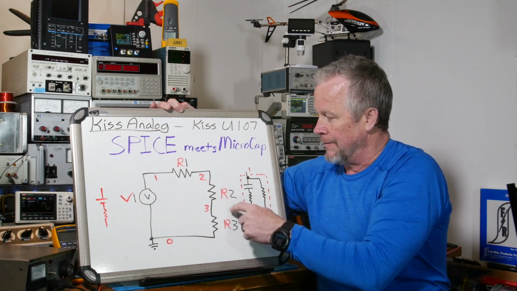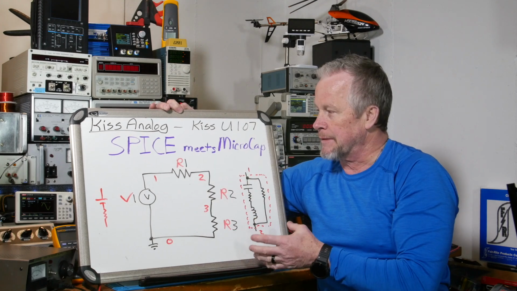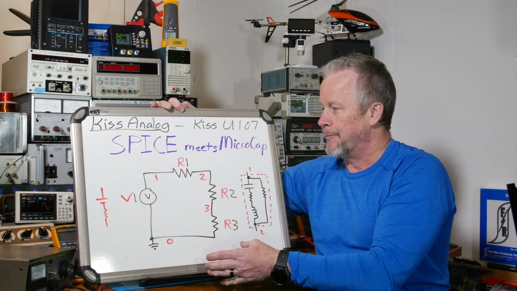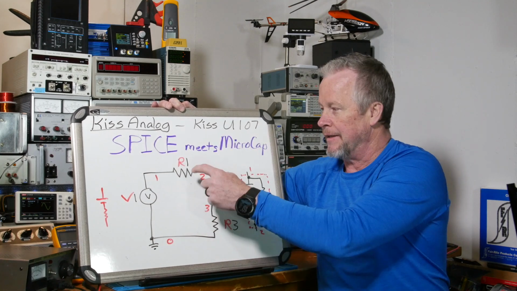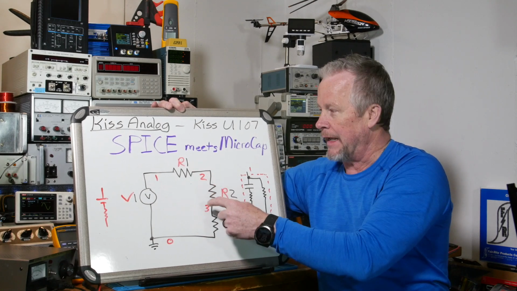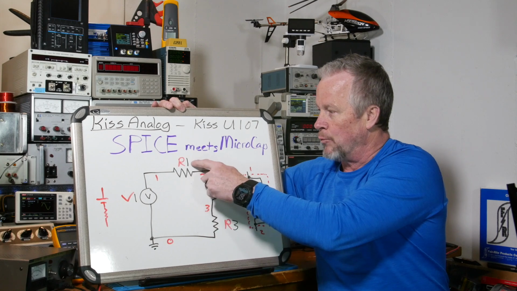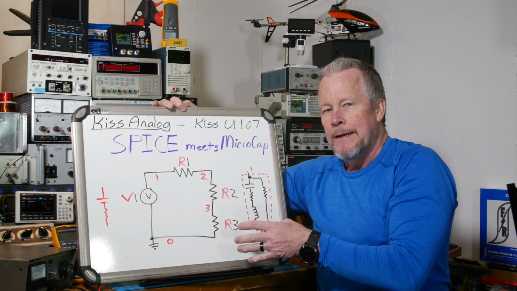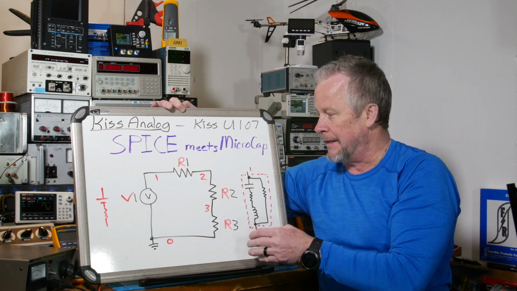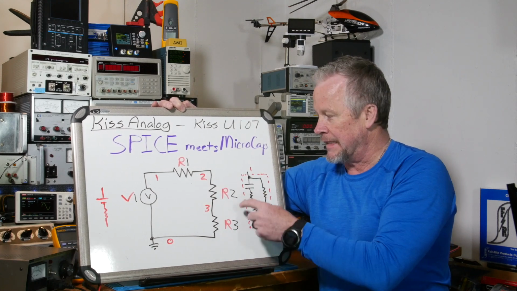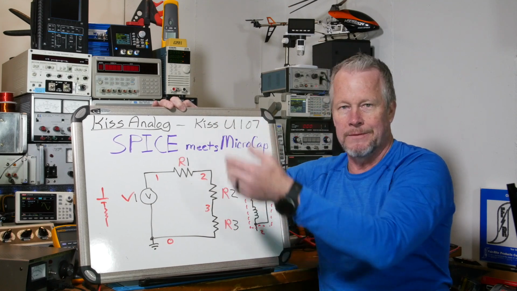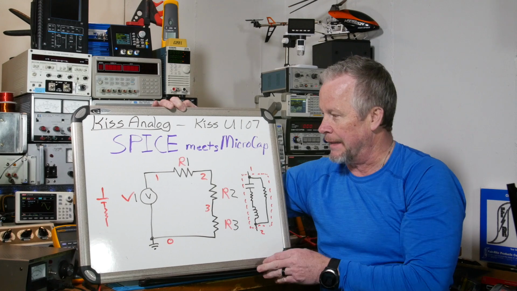Those are what's important to the MicroCap, or the SPICE program, to understand this is a resistor, and then it's going to look for a value after that, okay? But the 1 or the 2 or the 3 doesn't matter what those are as long as they're different from each other, okay? Just want to explain that in case you want to call this R load 1, R load 2, or RX or something like that.